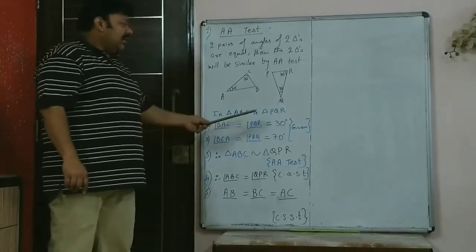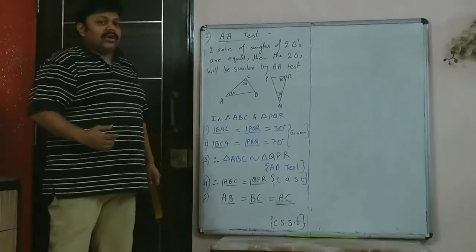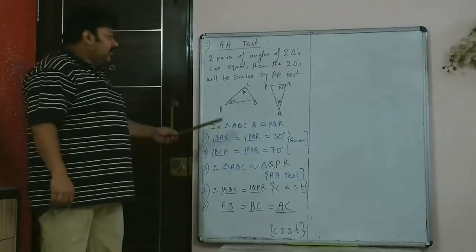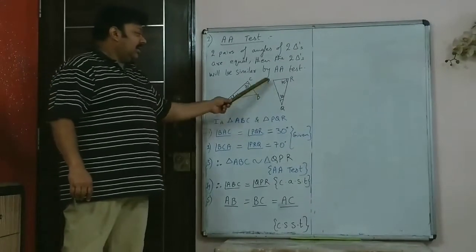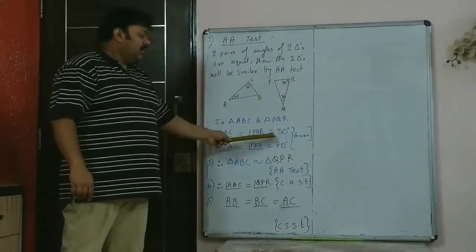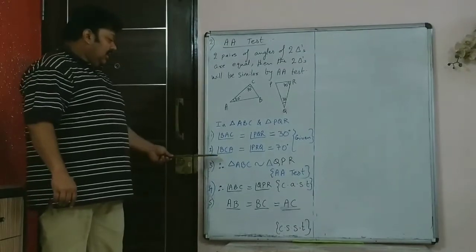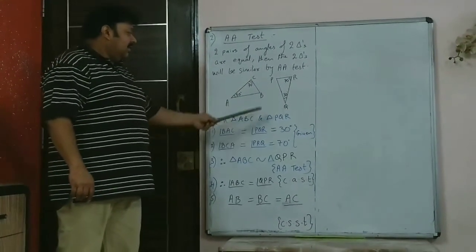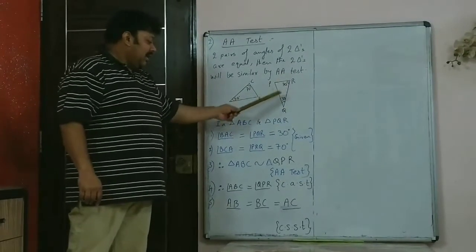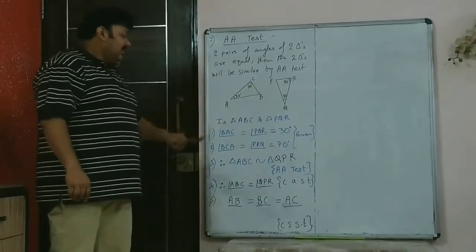Now, when you write the steps to prove that the two triangles are similar, you will write angle BAC is equal to angle PQR, they are 30 degree each. And angle BCA is equal to angle PRQ, both are 70 degree.